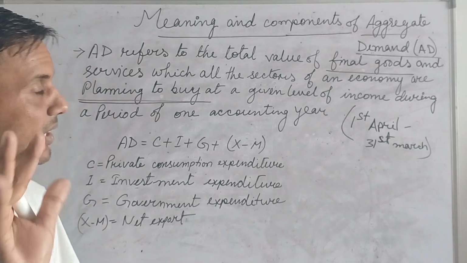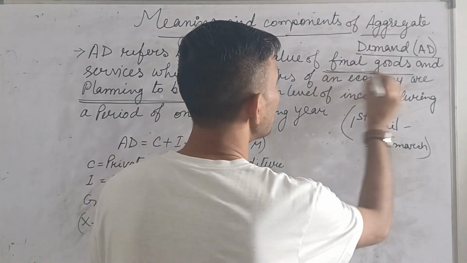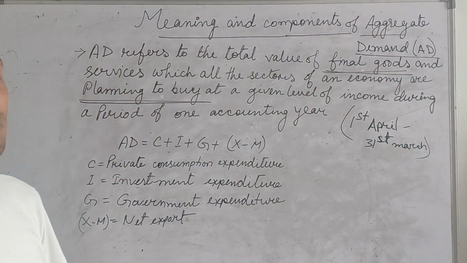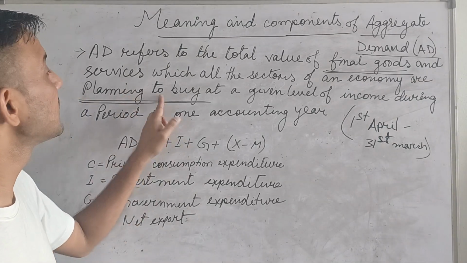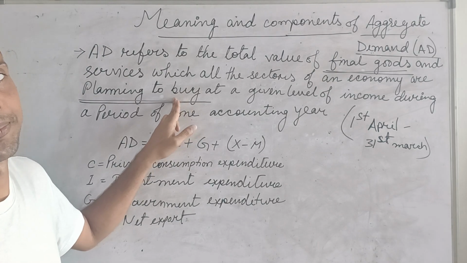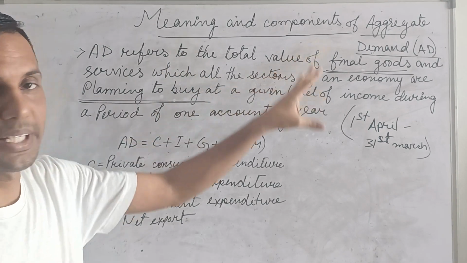So mainly two things you have to see. One is the value of final goods and services, not the intermediate. And another thing is planning to buy, not the actual buy. This is called the aggregate demand.